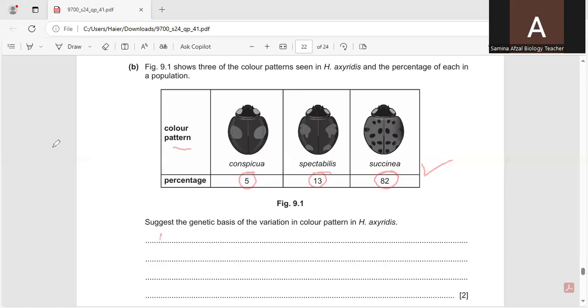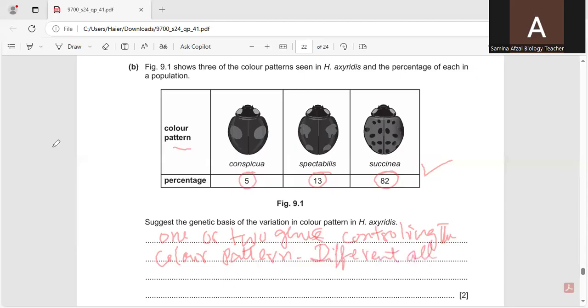So we can say that one or two genes are controlling the color pattern. It means it does not happen as in continuous variation. So different alleles will affect this color pattern.